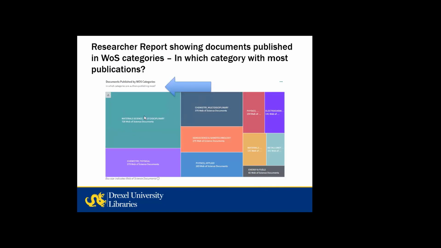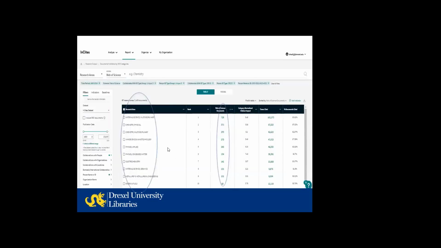This is bigger, so you can see it. Material science has 728 Web of Science documents. Chemistry has 373. Physical chemistry, nanoscience has 275, and so on. And I can sort down here.